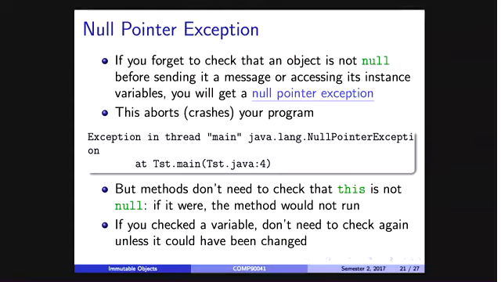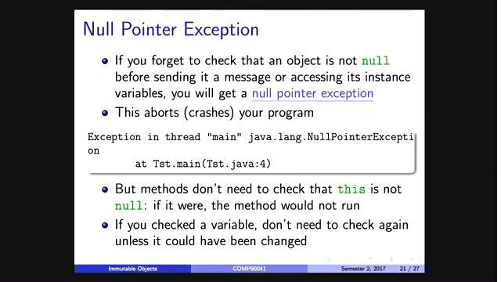But not, by the way, in an instance variable or a variable of primitive type. So you can't say int x equal null. That's not allowed. But in any reference to an object, you can pass it or store it.